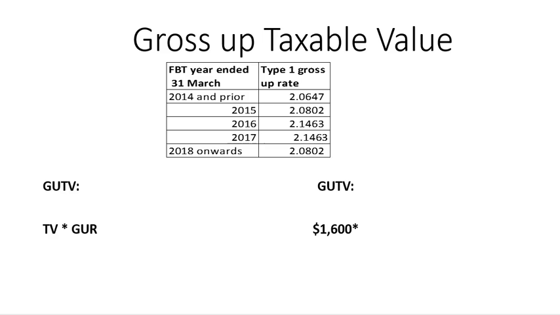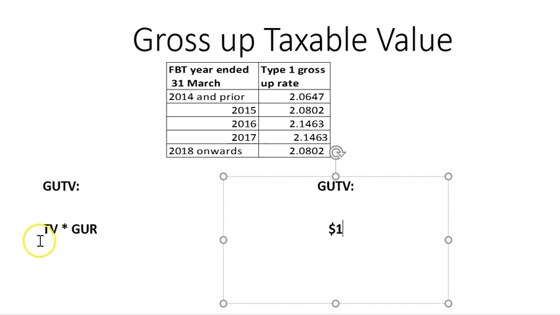So next we need to gross up the taxable value. So the way we do this is by taking the taxable value multiplied by the gross up rate. So we're using the type 1 gross up rate because the company is entitled to input tax credits, and we know we need to use the FBT year ended 31 March 2017 because I believe the date was the 5th of April 2016.